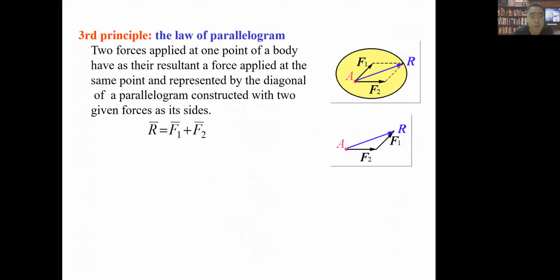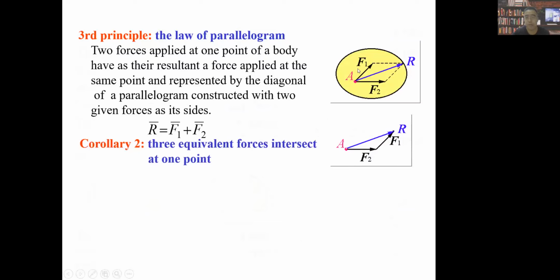Actually, this principle tells us how to find the resultant force of two forces. Please look at this picture here. If we have two forces acting on this body, more like a yellow egg, very interesting, this force F1 and F2 have a common point A as their point of application.